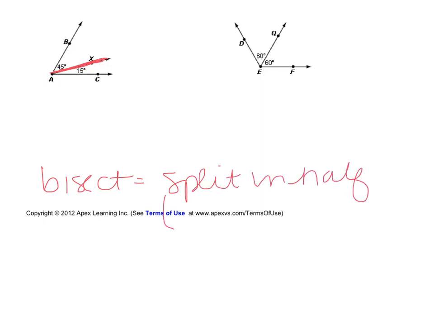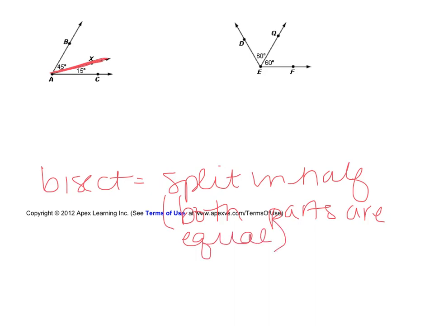If they're in half, then both parts are equal. So the question is, did AX bisect? Did it split this big part in half? Well, if it did, then this part and this part would be the same size. And they are not the same size. So this is no.